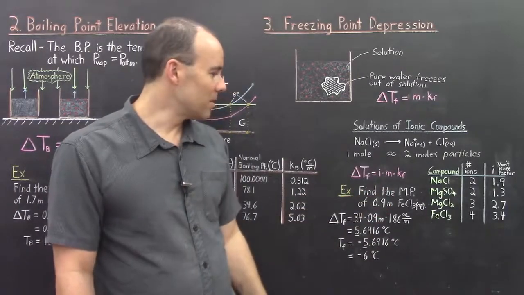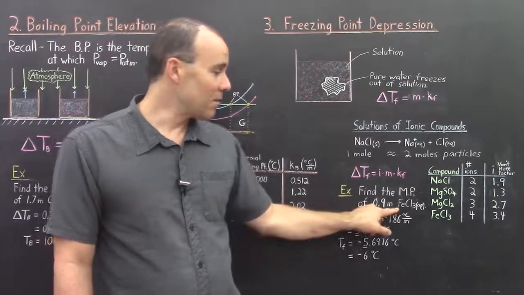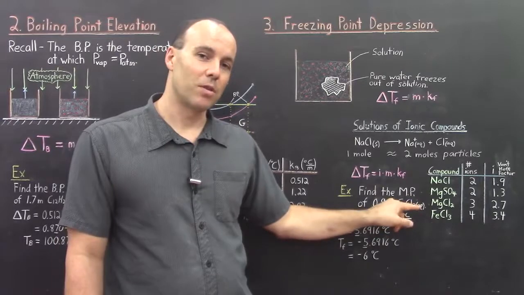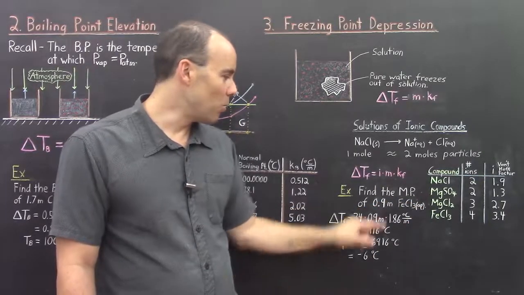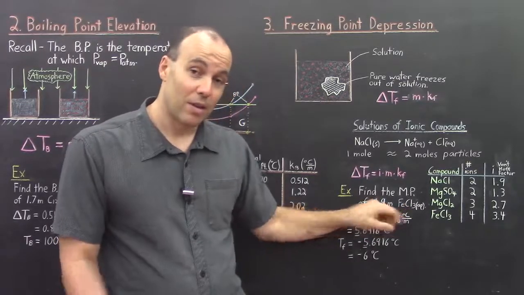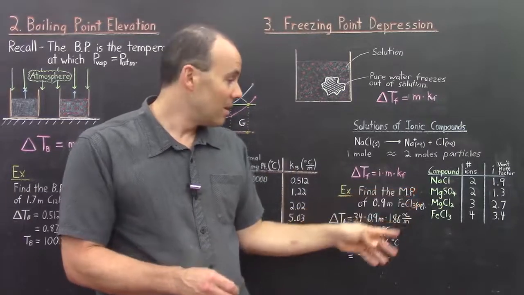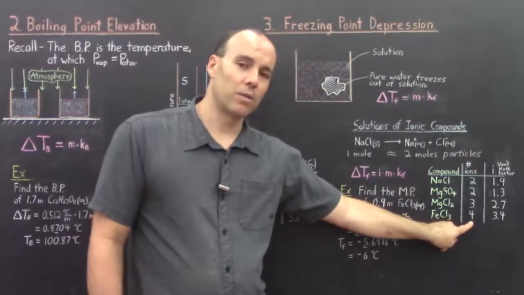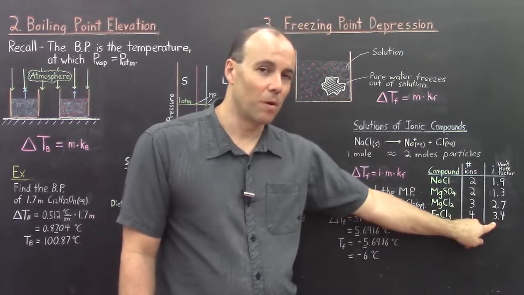So for instance, find the melting point of a 0.9 molal iron(III) chloride aqueous solution. So the molality is 0.9, but it's iron(III) chloride. So we have the ionic compound dissociating not into 4 particles like we might expect, but it's actually closer to 3.4.